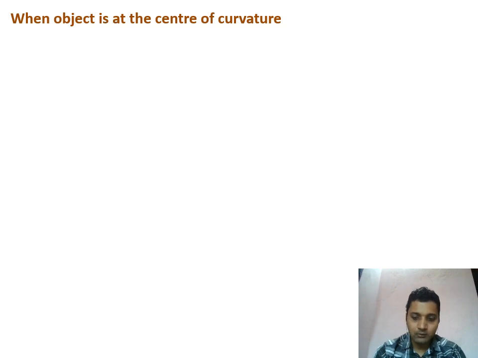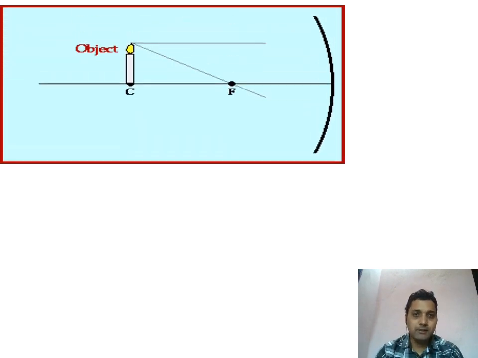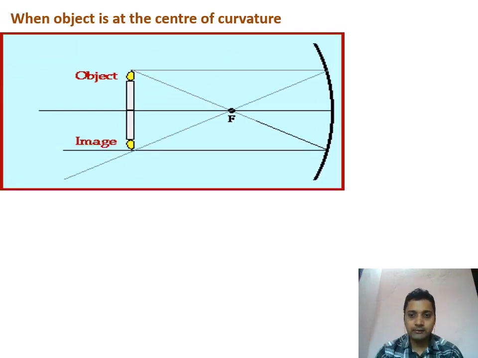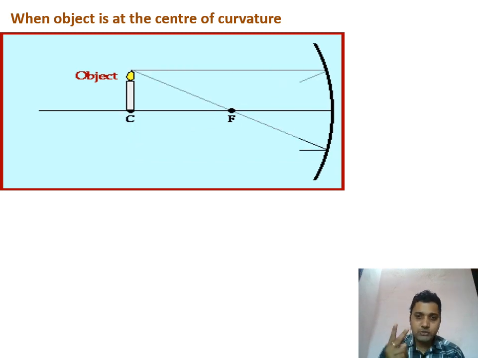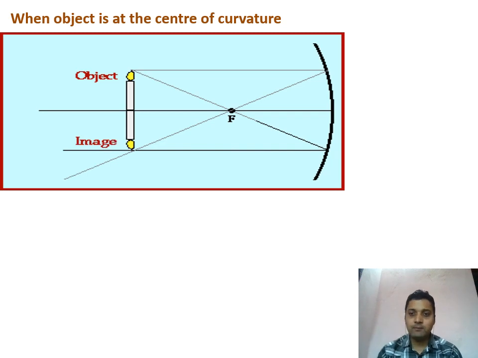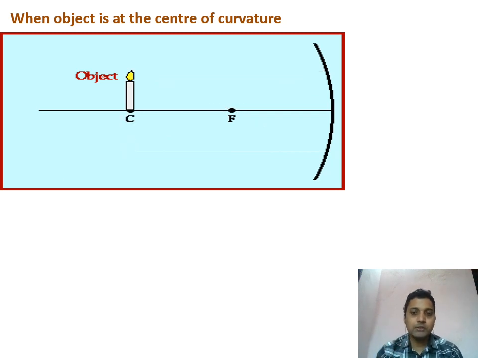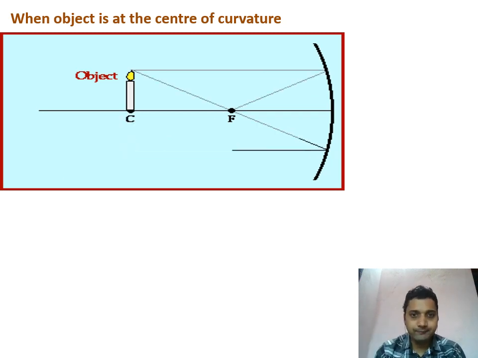Next, when the object is placed at the center of curvature, again we will take two rays. Here I am taking the first two rules. You can take first and fourth, first and third, or second and fourth also. Any two rules we can take.